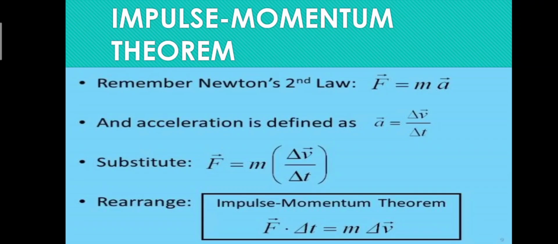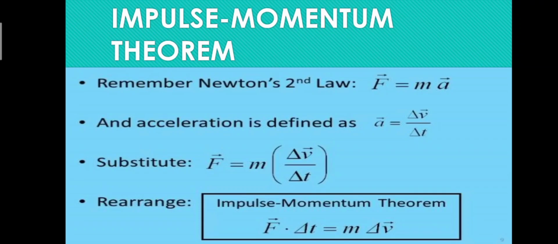Since the change in momentum is equal to m times change in velocity, the equation becomes F equals m times change in velocity over time. Then, since change in velocity over time is the definition of acceleration, the equation becomes F equals m times a, which is the equation of Newton's second law.